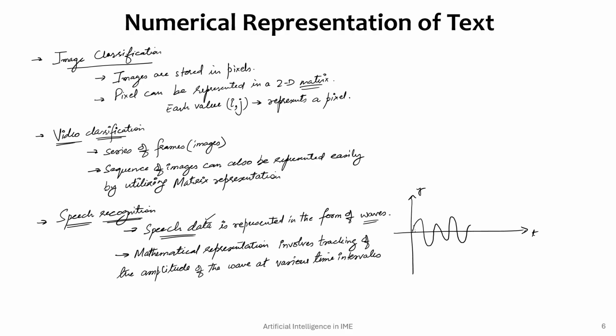So, once we get the variations in the amplitude of this wave, we can store this into a numerical array, right, a numpy array or something like that, and we can get this numerical representation of the complete wave by utilizing a single array. So, this is how we transform the speech data into the numerical form.